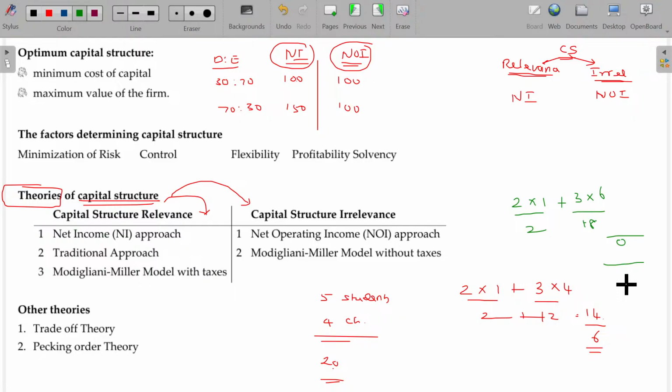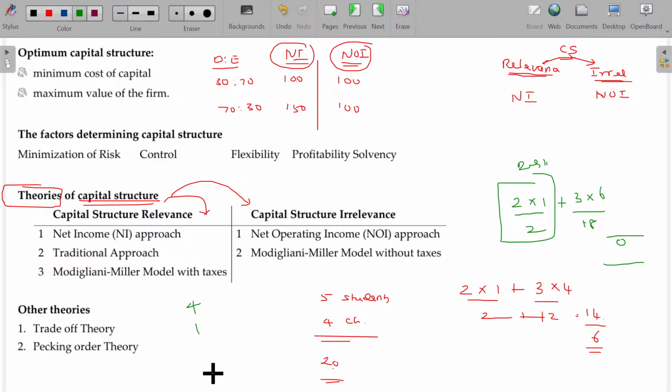Why? Because this will be called a debt. Equity shareholders demand 4. Debenture holders, sugar patient, demand only 1. I thought I may give 4 for all, but there is a small correction.